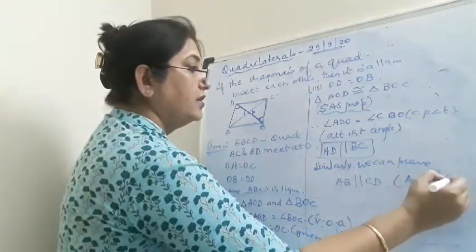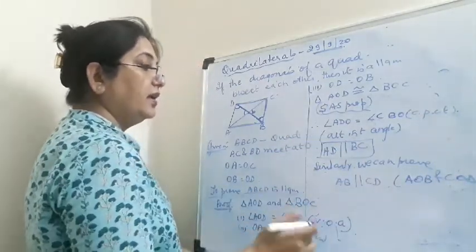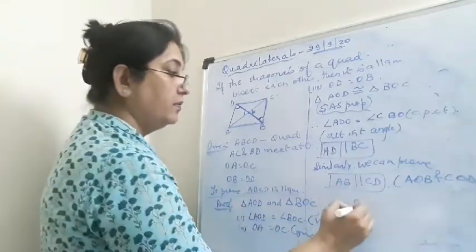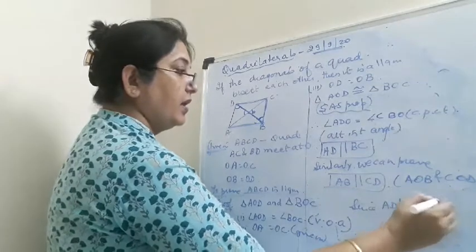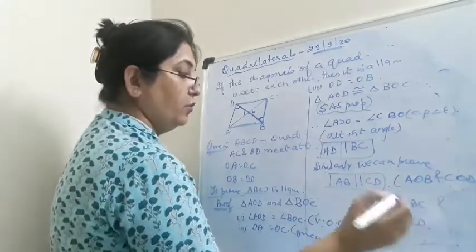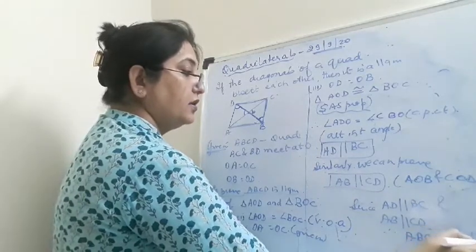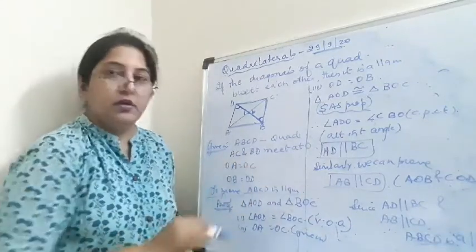Same type of proof you will do, and then in the end you will prove that AB is parallel to CD. Now since AD is parallel to BC and AB is also parallel to CD, therefore ABCD is a what? A parallelogram, because opposite sides are parallel to each other.